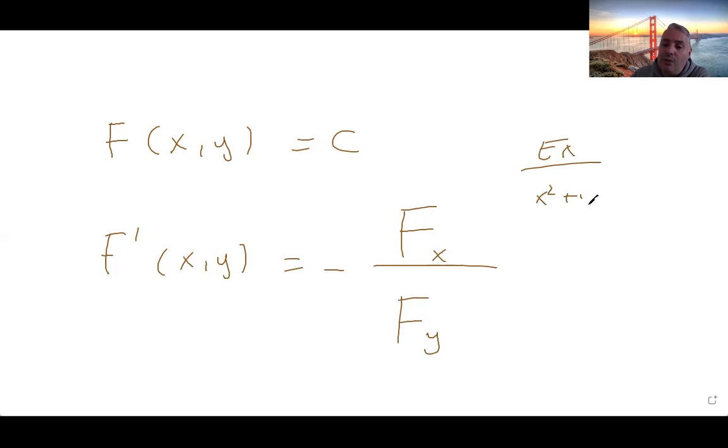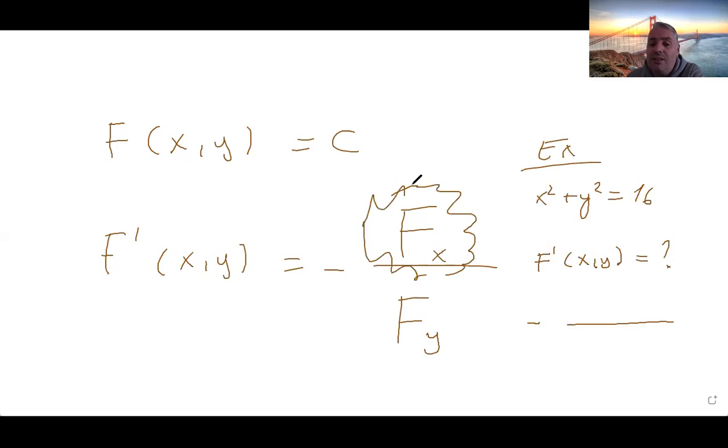When I have x squared plus y squared equal to 16, if I ask you what is f prime of (x, y), the answer is this, negative. The derivative of the given function with respect to x, be careful, this is actually partial differentiation. We will study it later if we have time, in the fourth term at the end of the year.